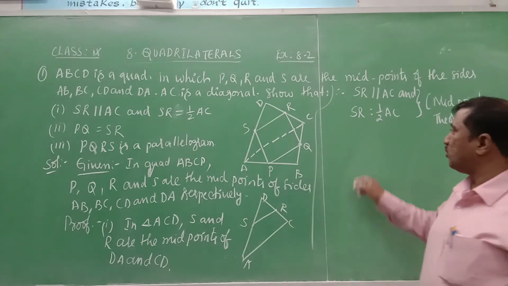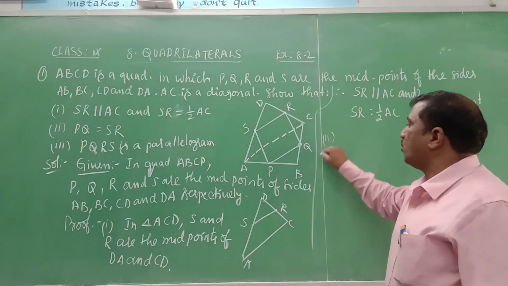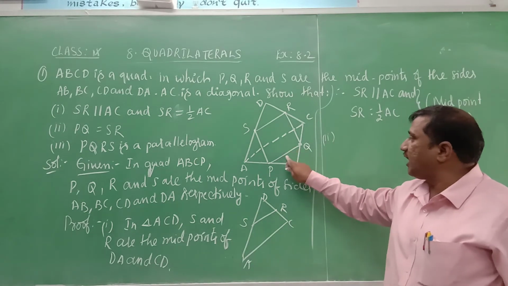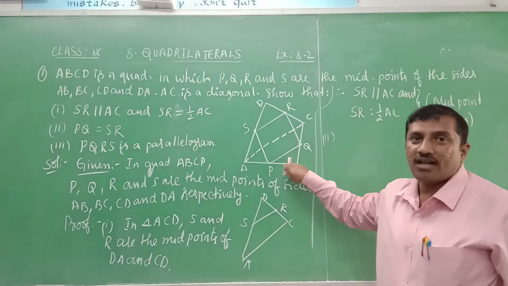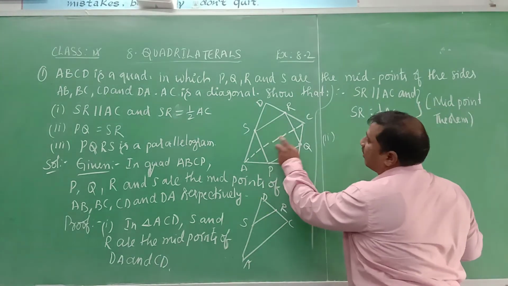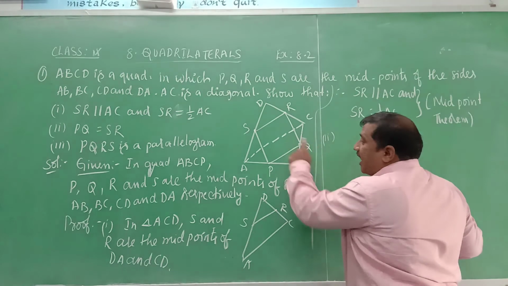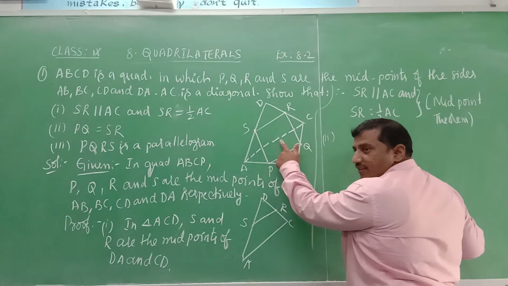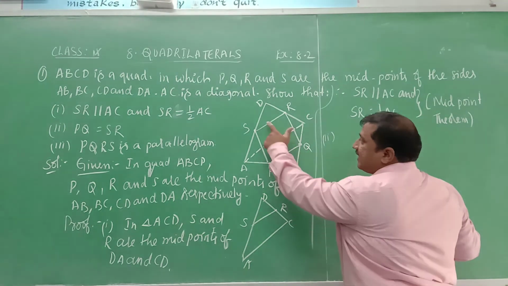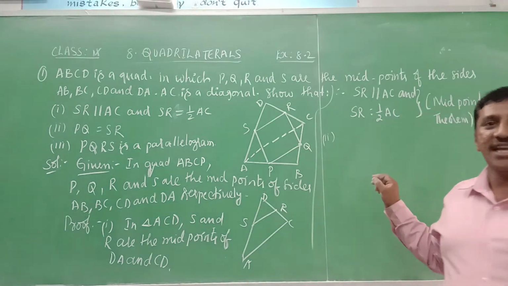Next we need to prove the second one. What we have to prove? PQ is equal to SR. We have proved SR is half of AC. And if we prove PQ is also half of AC, then can we say that SR is equal to PQ? Yes, we can say that.